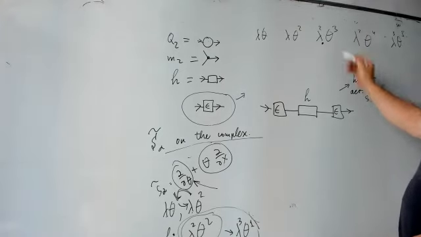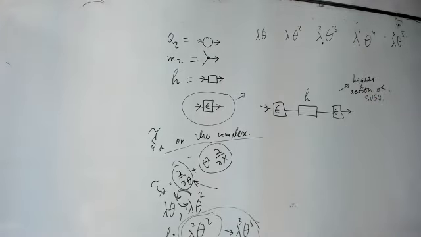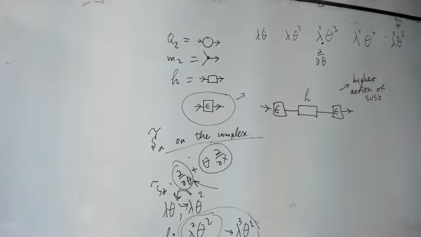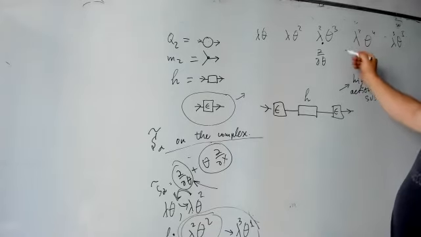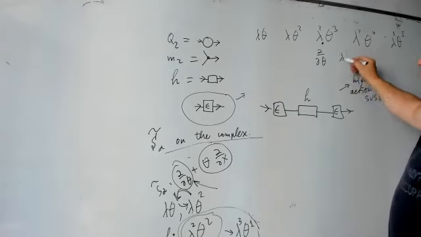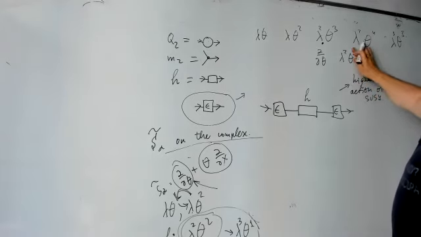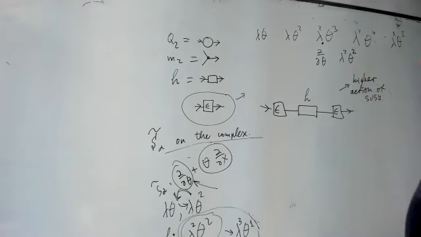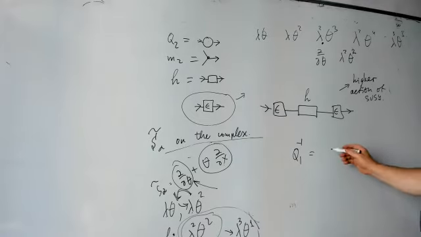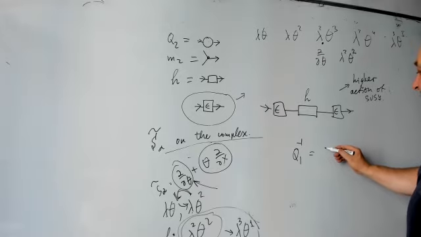You start here, and first you consider d over d theta, and then you go to lambda square theta square. Then you consider Q1 inverse, which I can schematically write as theta d over d lambda.